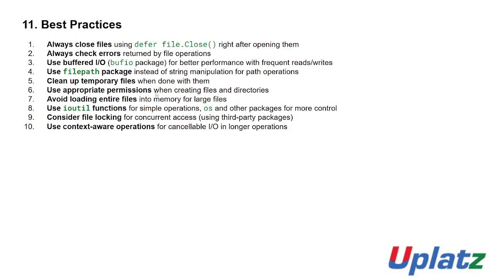Use appropriate permissions when creating files and directories. Avoid loading entire files into memory for large files. Use ioutil functions for simple operations, os and other packages for more control. Consider file locking for concurrent access using third-party packages. Use context-aware operations for cancelable IO in long operations.